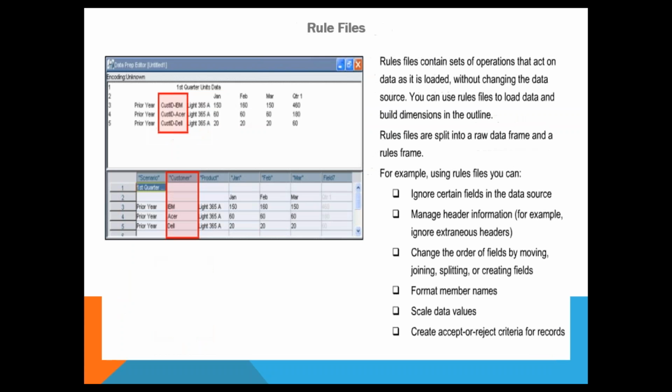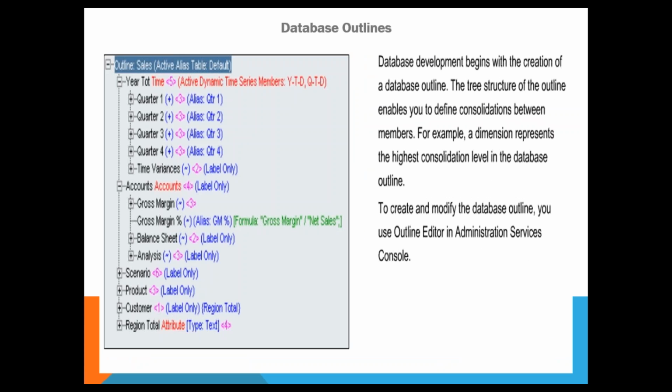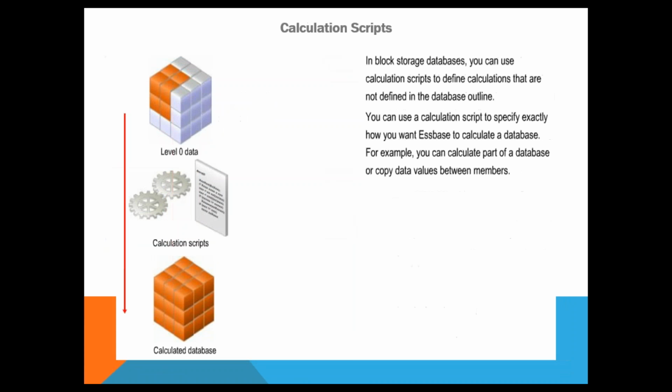The question comes because if you look at the dimensions, you already have the operators against the member names. Agree? And you also have member formulas. See the gross margin, you already have a member formula listed there. So why calculation scripts?